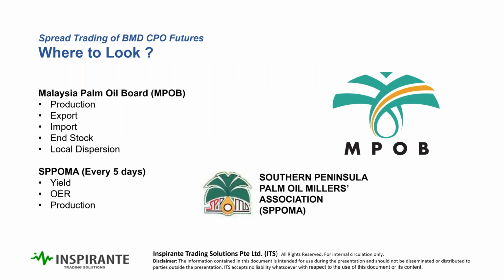Now, where do we look for all these numbers? Other than MPOB, the Malaysia Palm Oil Board, which furnishes information around the 10th of the month for the previous month's production numbers, there are others like SPOMA, ITS, SGS, and AmSpec, who publish certain numbers every 5 days about export, production, and whatnot.